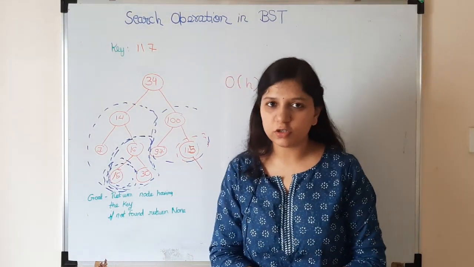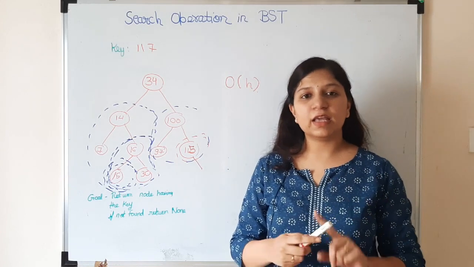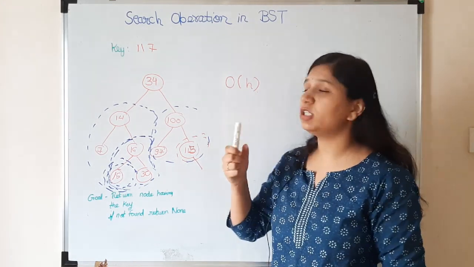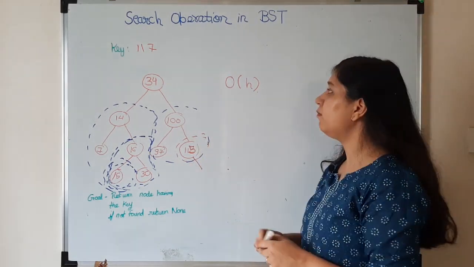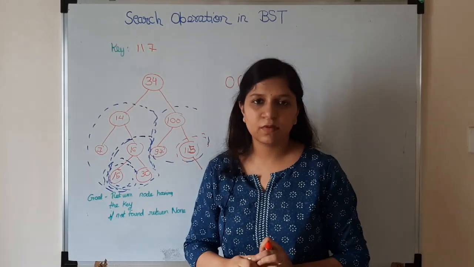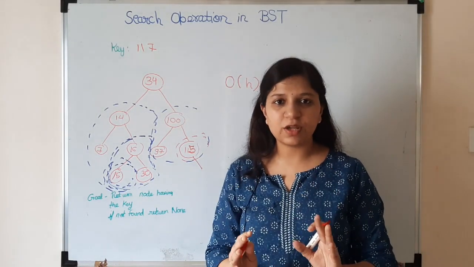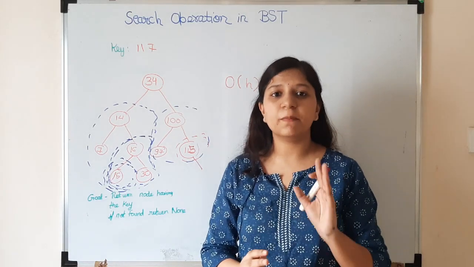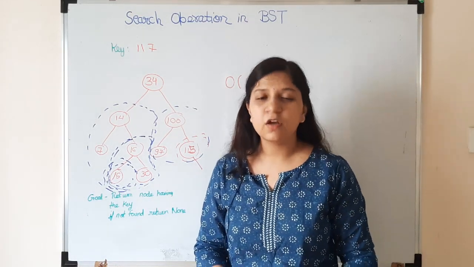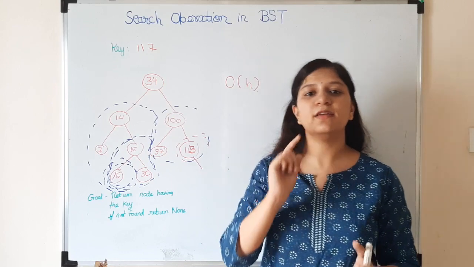Now briefly I also wanted to talk about the time complexity. In case of binary search tree, search operation takes big O of h time. H is the height of the tree. So in case where your tree is properly balanced, what is a balanced binary search tree?